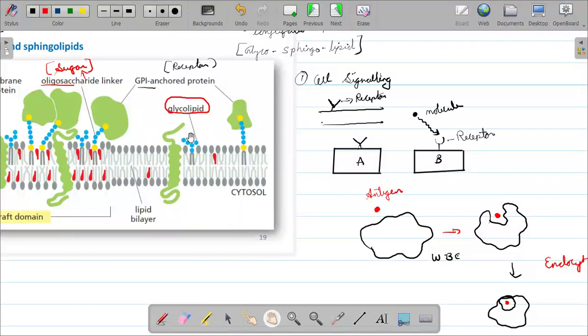The connection between a GPI anchored protein and the glycerol head is possible through an oligosaccharide linker. It is just a connecting link, like a glue. It will just go and connect.